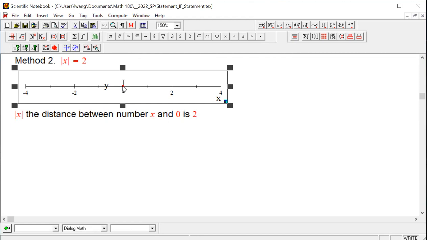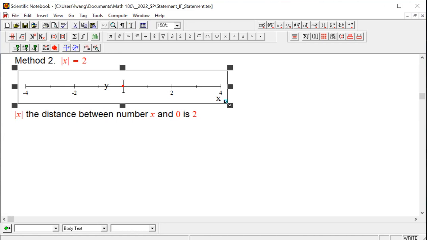So we measure from 0, and this is 2. And we measure in the other direction, and that distance is 2 as well. So the absolute value of -2 is 2, and the absolute value of 2 is also 2.